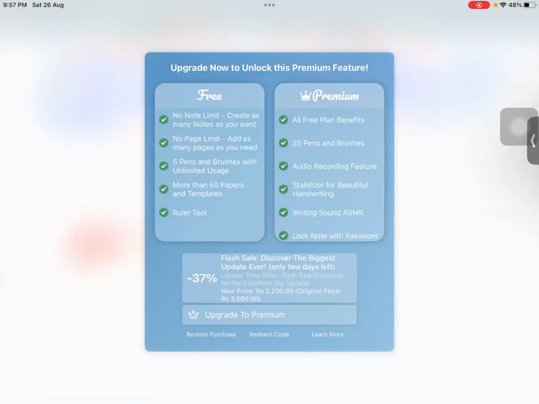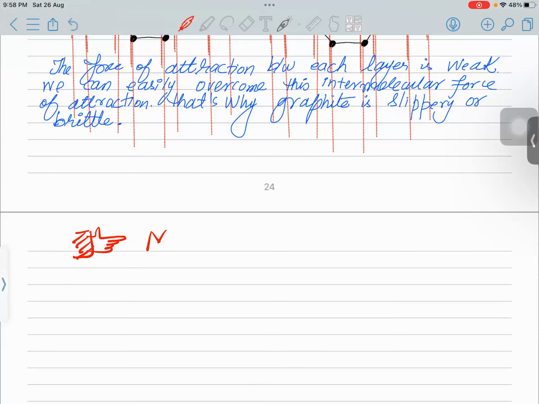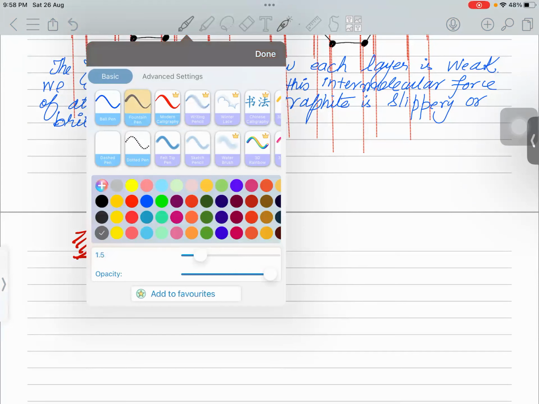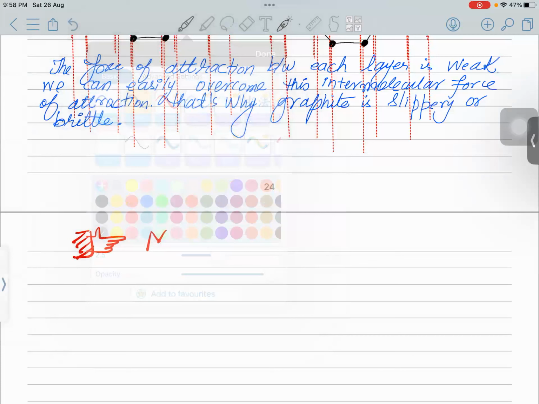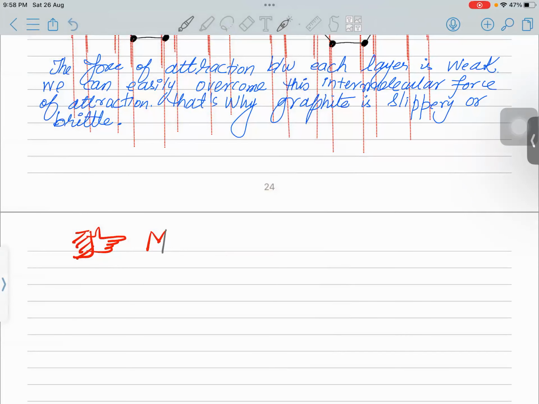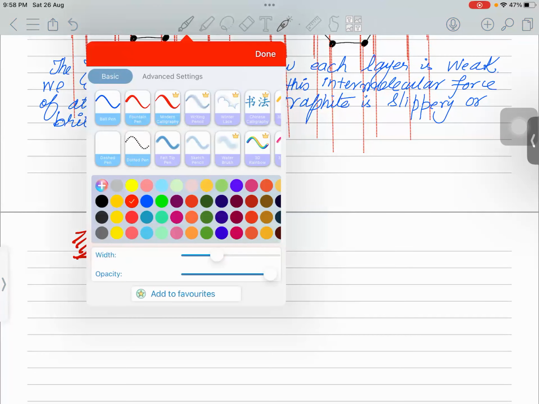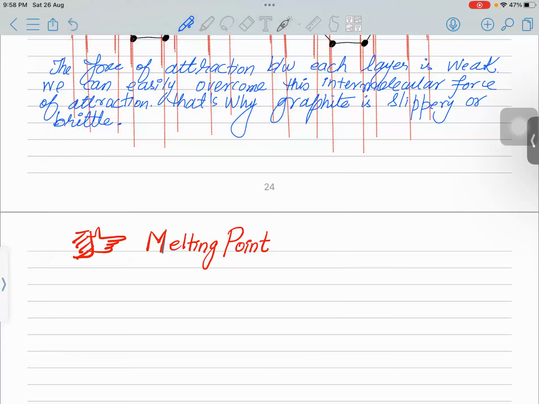The first point is, you know that in graphite we have strong covalent bonding.